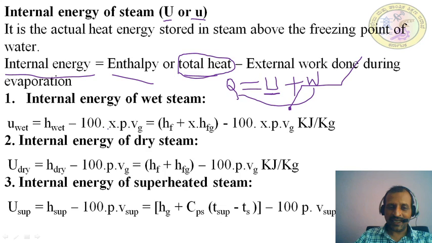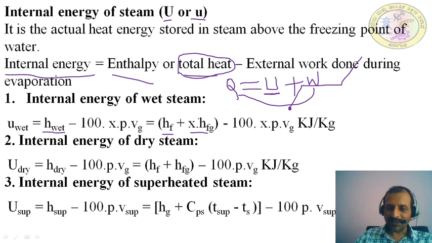The enthalpy of wet steam is given by HF, the enthalpy of water or sensible heat, plus X HFG. HFG is the enthalpy of dry steam, and if you multiply it with the dryness fraction, you get the enthalpy of wet steam.